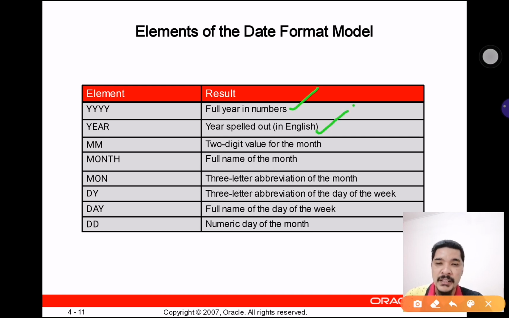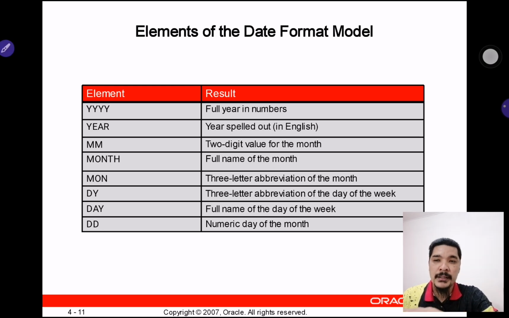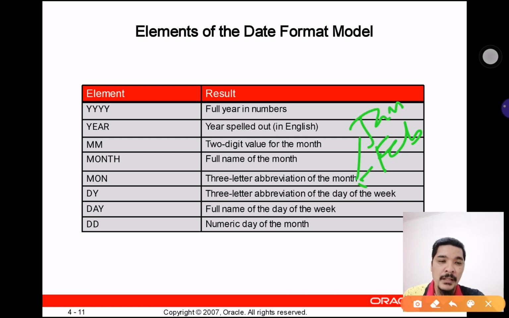MM is the 2-digit value for the month, for example October is 10, August is 08. MONTH is the full name of the month, for example FEBRUARY. MON is the 3-letter abbreviation of the month, for example FEB, JAN, MAR.